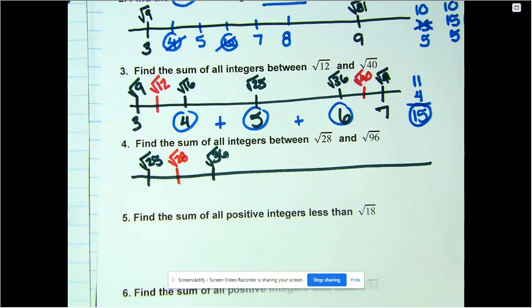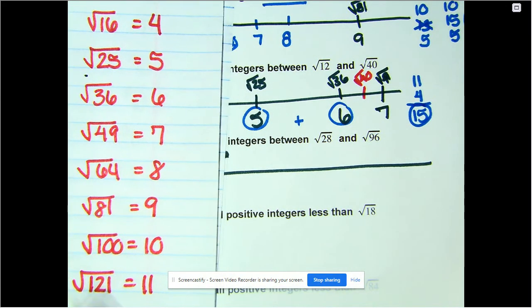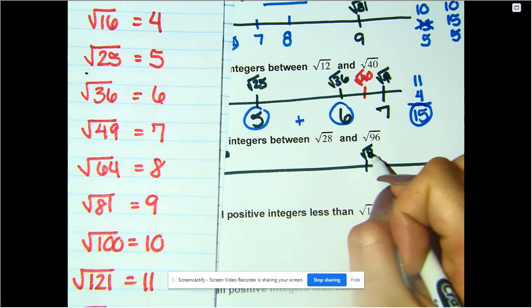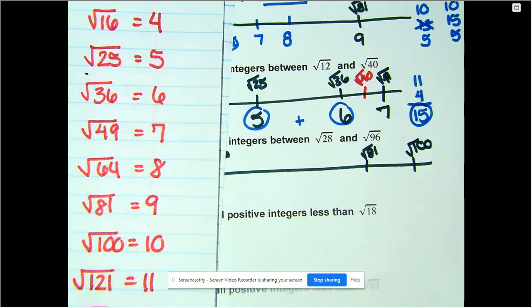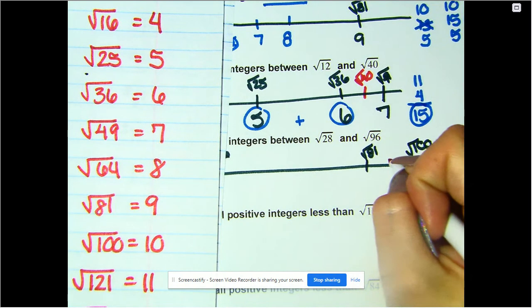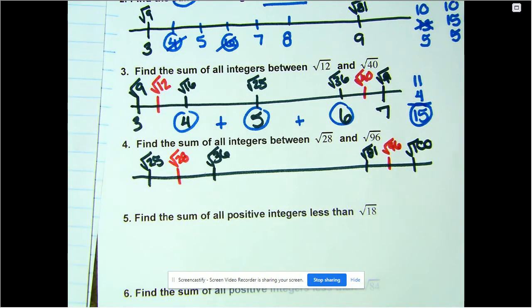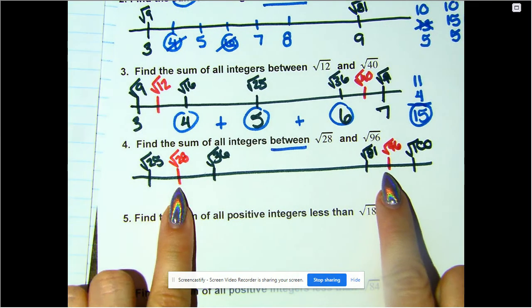Okay. Now for 96, we are in between 81 and 100. So I'm going to put the square root of 81 on, and the square root of 100, because those were my perfect squares that are known, and then the square root of 96 falls in between there. Okay. And my keyword was integers between. So I'm looking here.